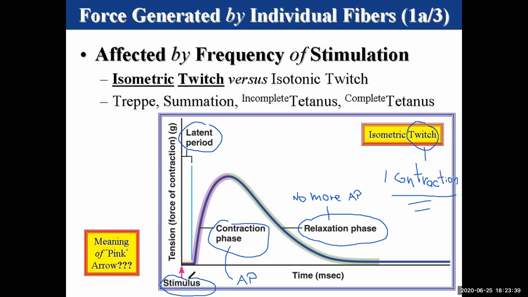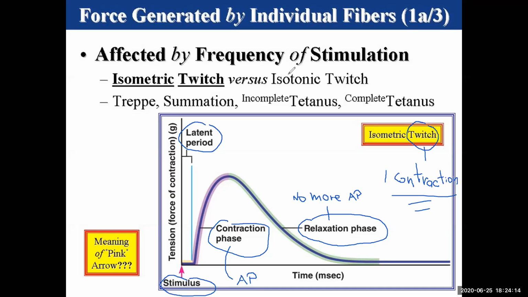That's one single stimulus, and when we have that single stimulus, we call that a twitch. You can have an isometric twitch or isotonic twitch. Isometric means the cell or the muscle is contracting without changing the length of the skeletal muscle cell or skeletal muscle as a whole, the entire organ.